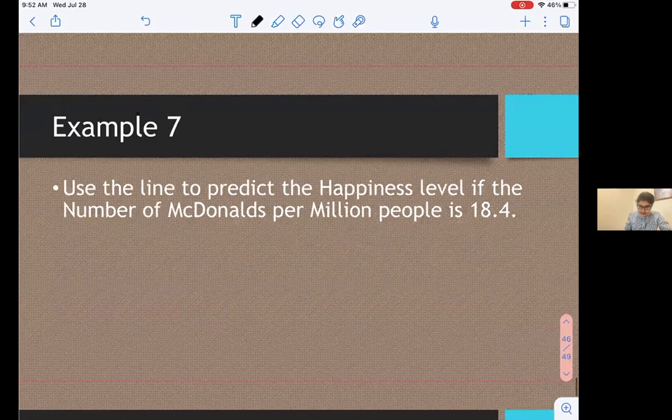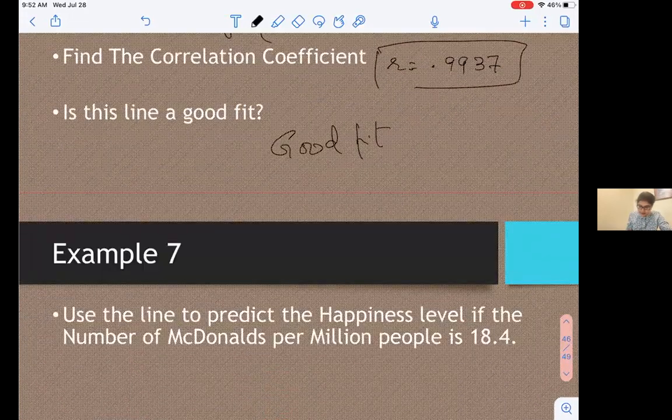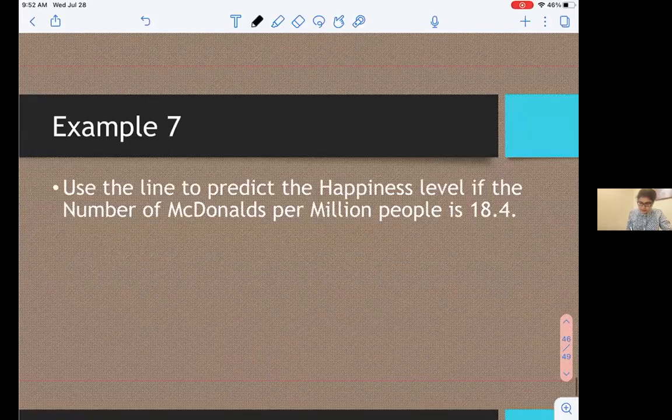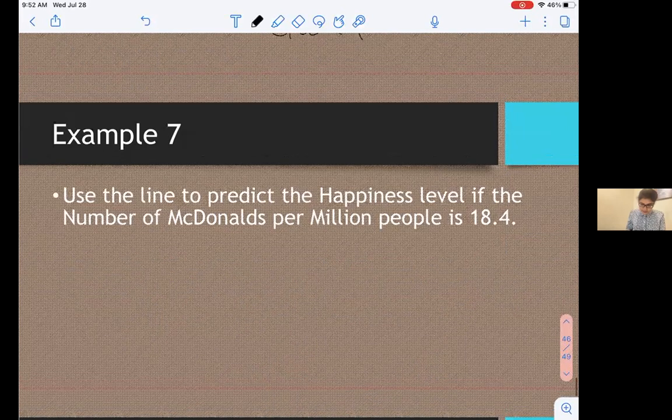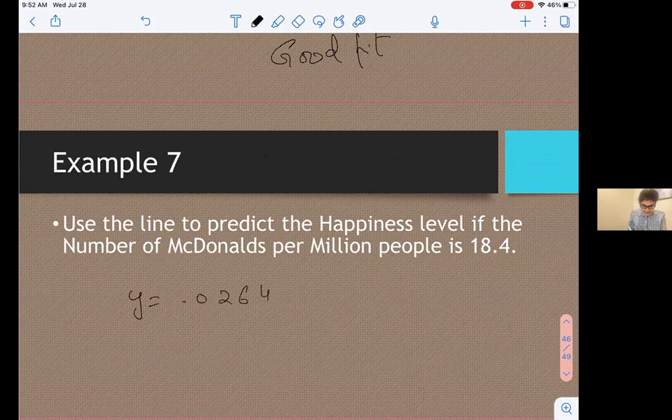So using this line, you have to predict the value of the happiness level for McDonald's per million, which is 18.4. So y equals 0.0265 times x, where x is 18.4, plus 6.4081.